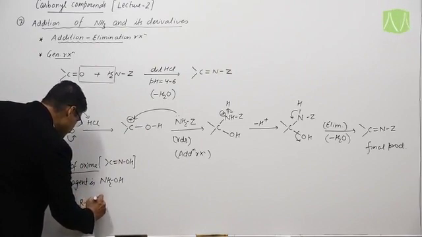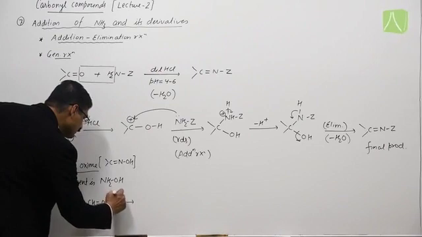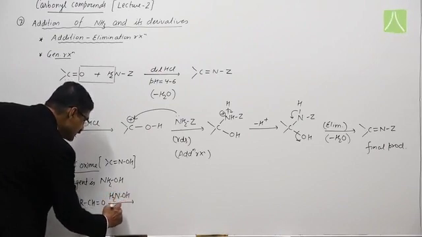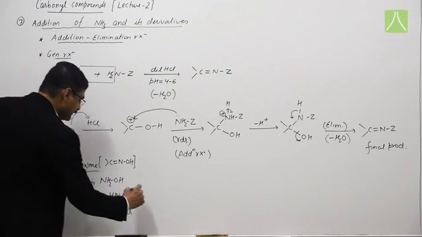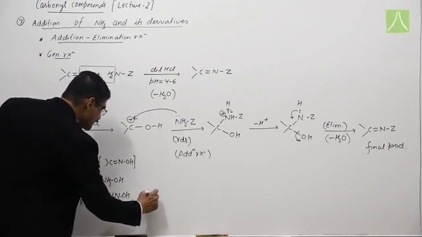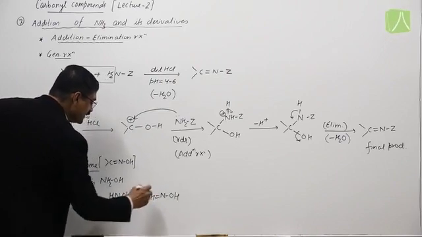For example, I take RCHO, NH2OH in presence of dilute HCl. Then finally RCH double bond N OH is obtained.